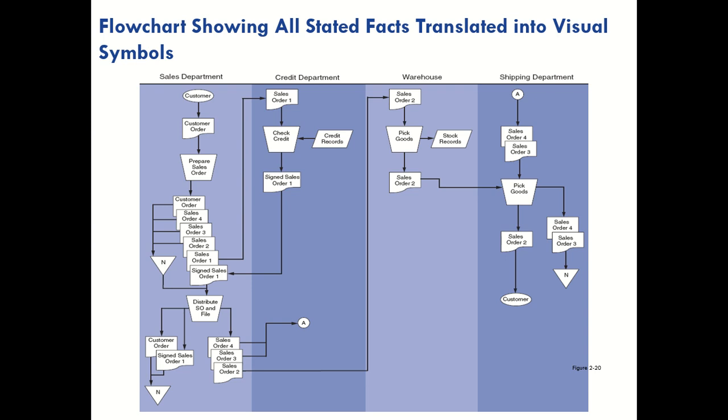Naka-signed na sales order. So after that, the clerk sends a copy or copy number 1, okay, of the sales order to the credit department. Kaya mapapansin niyo yung sales order number 1, naka-arrow siya, naka-flow siya doon sa credit department, okay, for approval. Okay, pinapa-approve kasi 'di ba? Baka ito ay on credit.